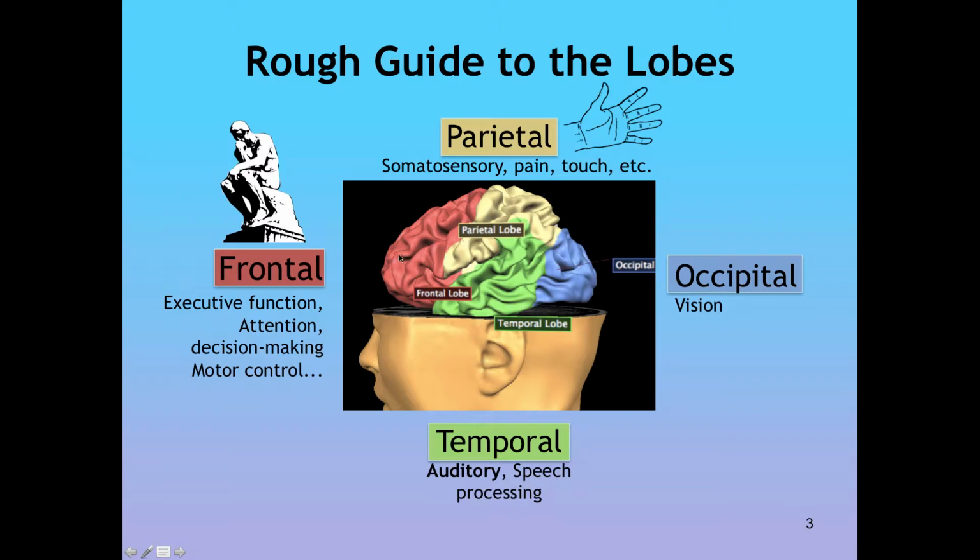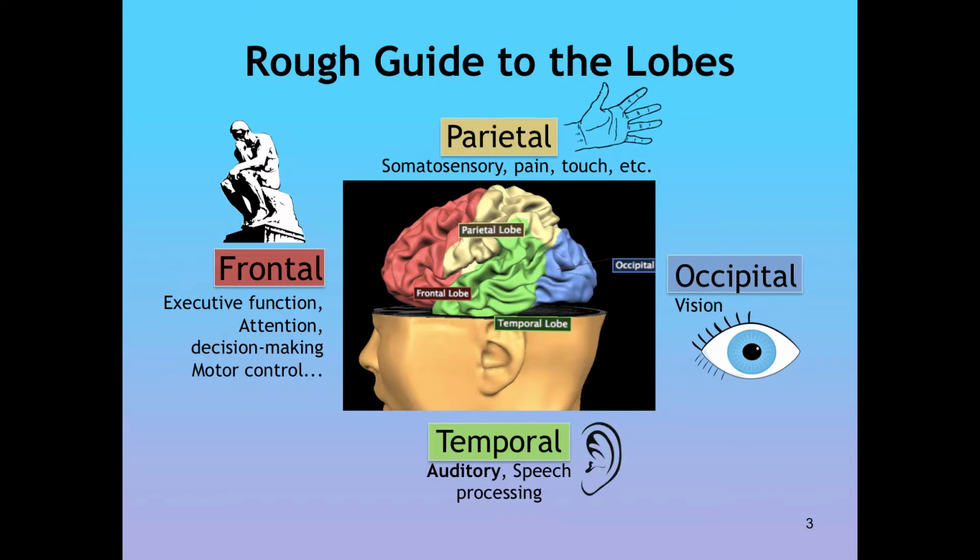And that's this red bit here. The parietal lobe up here in yellow is more involved in somatosensory, so informing us about our external environment through touch and pain, etc. And then we have the occipital lobe, this back part in blue here, and that's largely involved in visual processing.